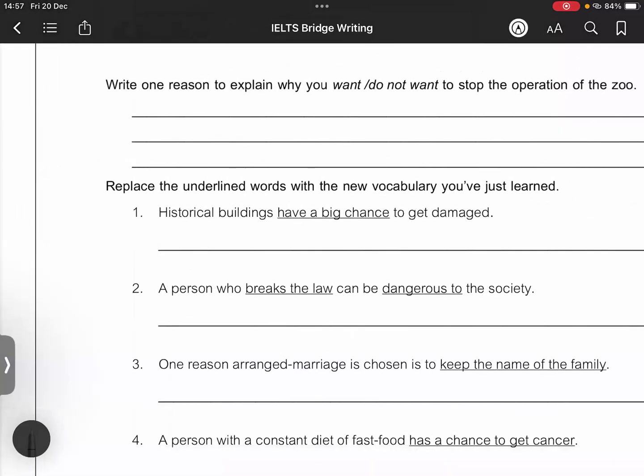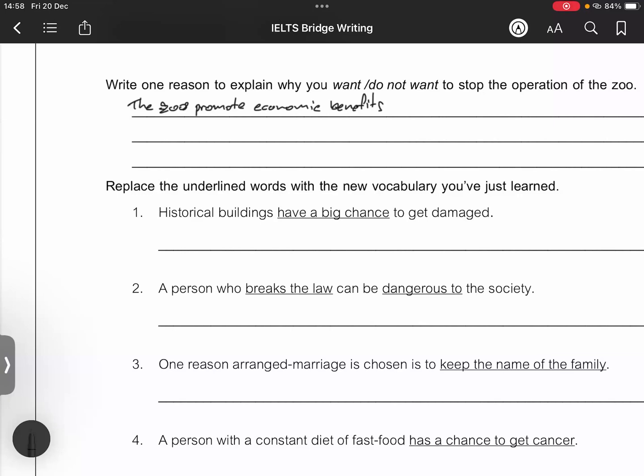So I think that the zoo promotes economic benefits. The zoos promote economic benefits. How does it do that?